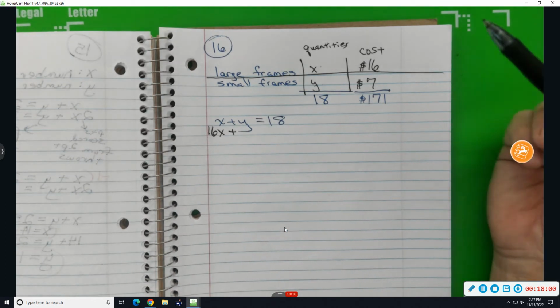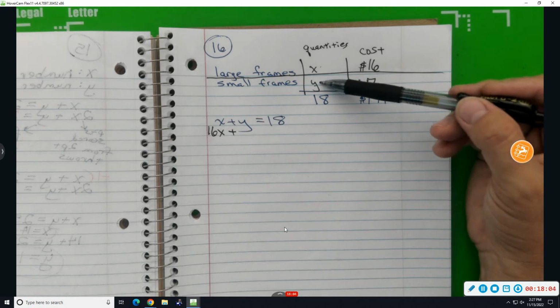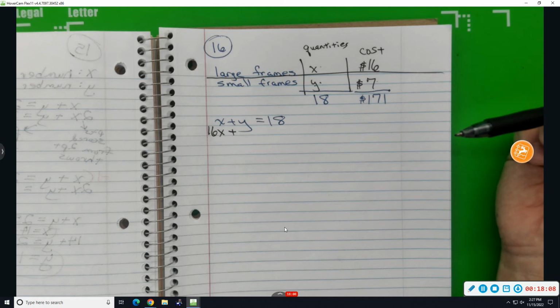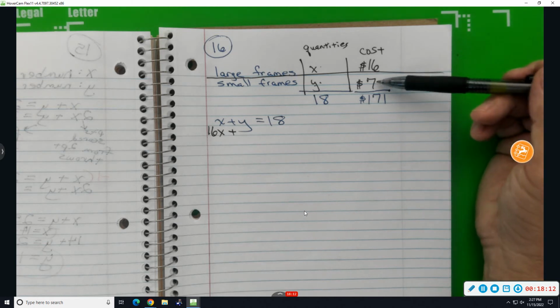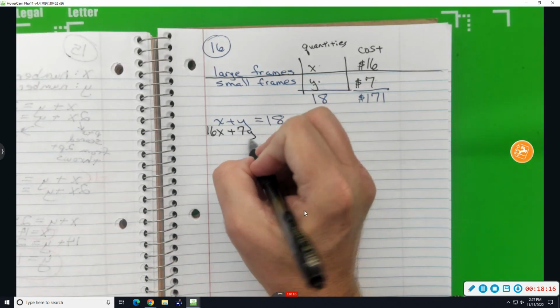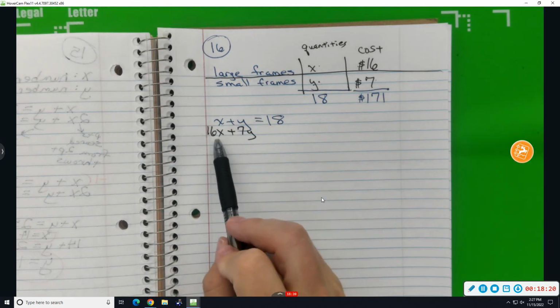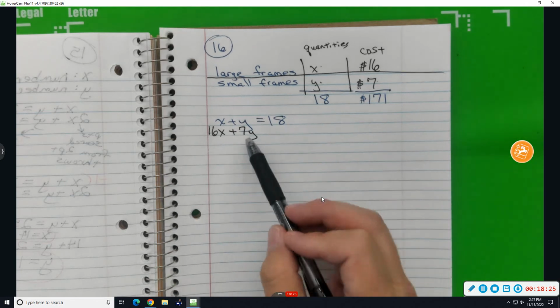How much money did this lady spend buying the Y small frames? Every frame was $7. Apply the 7Y. Okay, the cost per item times the number of items. 16x. That's all the money she spent buying those large frames. 7y.